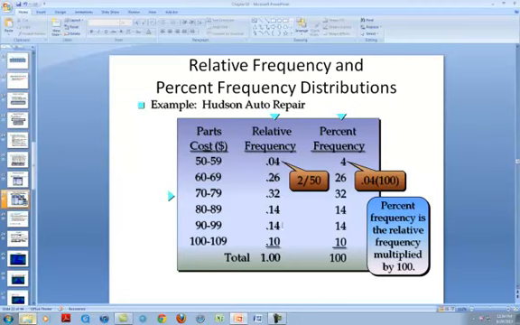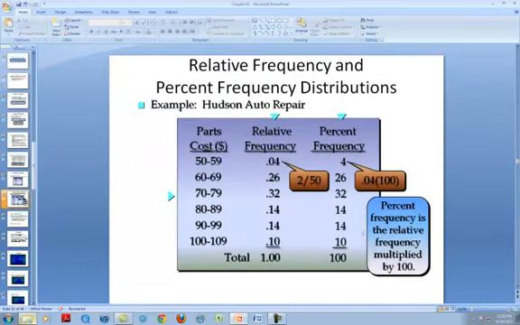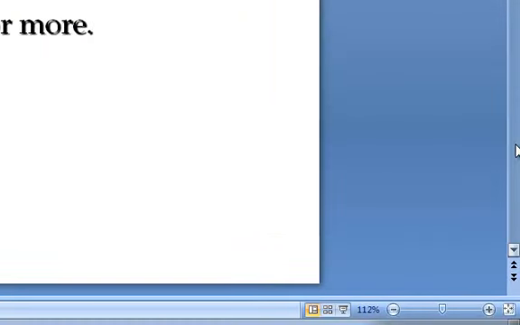Do you know why we got 0.14 for this class, 90 to 99? Why we have 0.14 and 14? Let's go back. That's just 7 divided by 50, which is 0.14 or 14%. Now, what insights can we gain from that table?